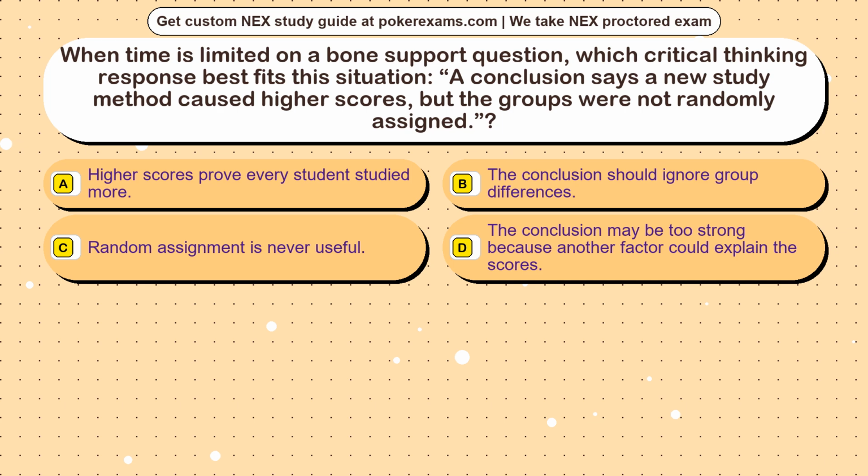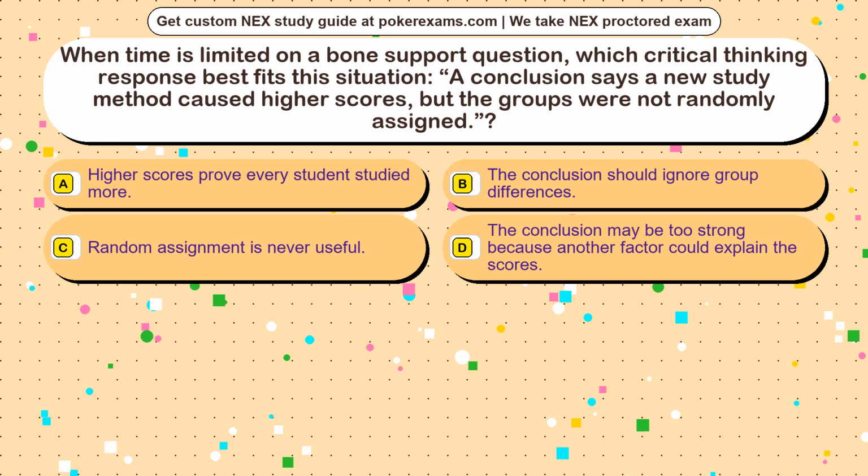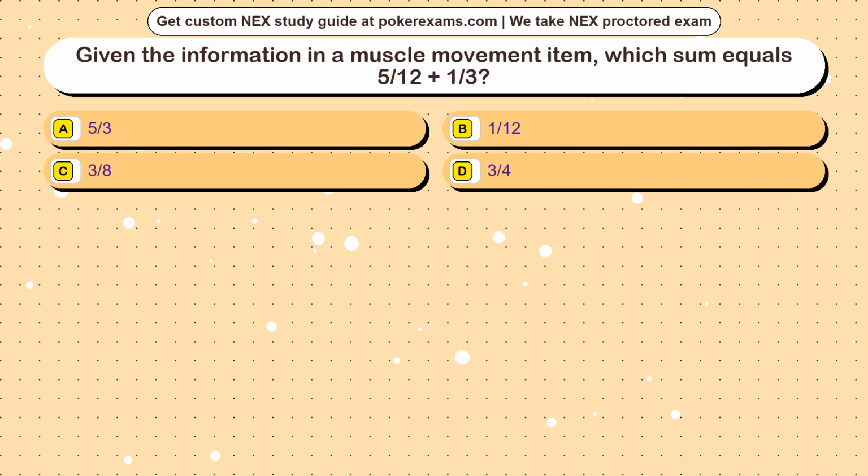Option D, the conclusion may be too strong because another factor could explain the scores. The correct answer is option D. Without random assignment, group differences may affect the result. Higher scores prove every student studied more does not follow from the situation. The conclusion should ignore group differences does not follow from the situation, and random assignment is never useful does not follow from the situation.